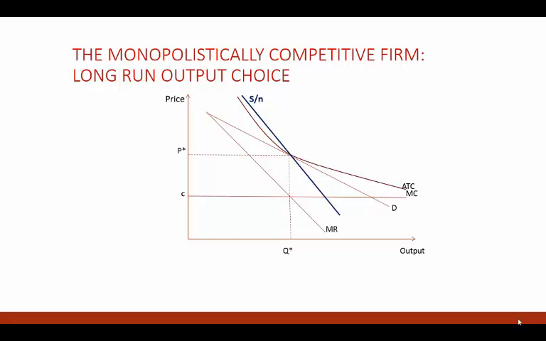Output is Q star and price is P star, and they are both lower than before. As shown, this is also the point where the symmetric equilibrium demand curve S over N intersects the firm's demand curve, since all firms are behaving the same way. This is the long-run situation with a monopolistically competitive firm.